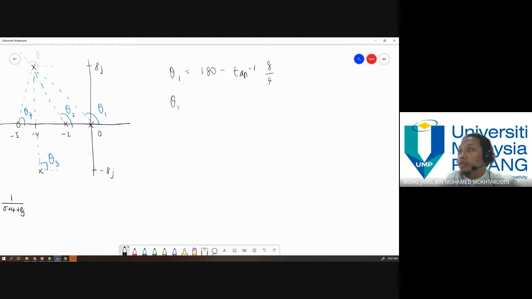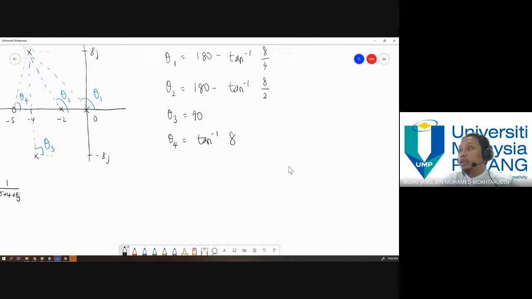And then theta 2, 180 minus tangent minus 1, 8 over 2. Okay, so it's not necessarily 180 degree. It can be 90 degree plus, okay? So depending on how you look at the angle, okay? And theta 3 is 90 degree. And theta 4 is tangent minus 1, 8 over 1.